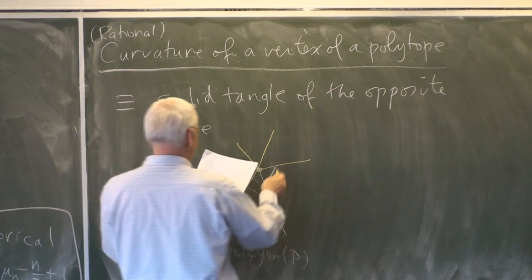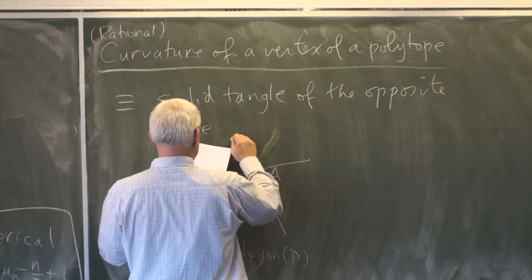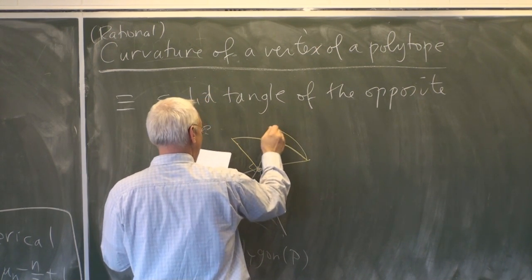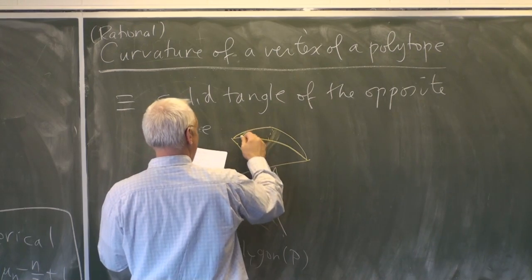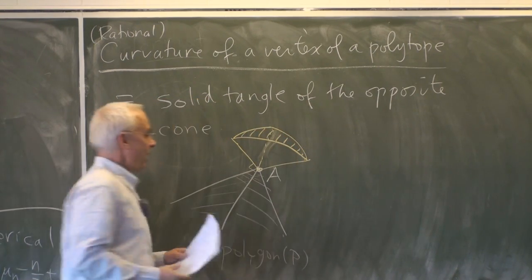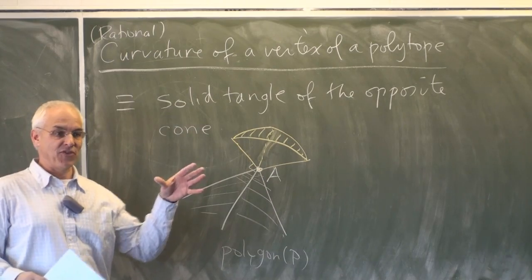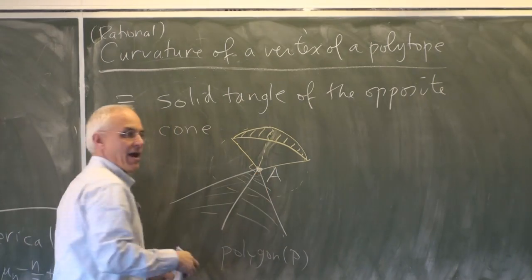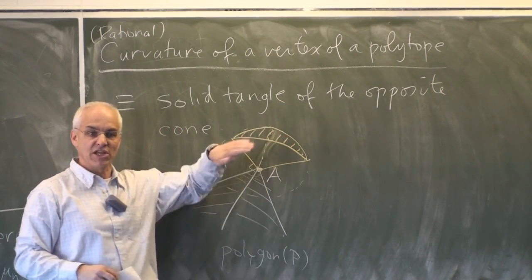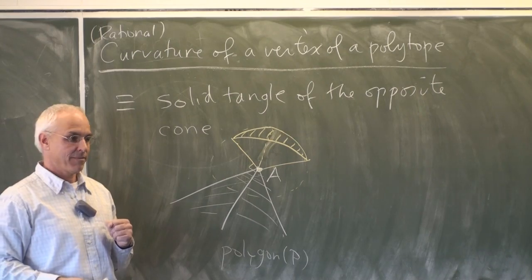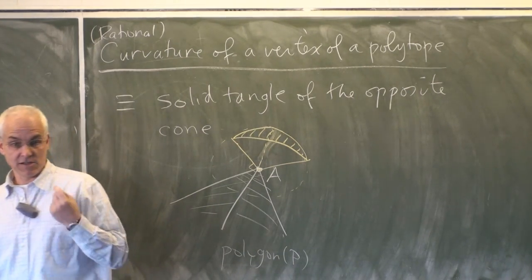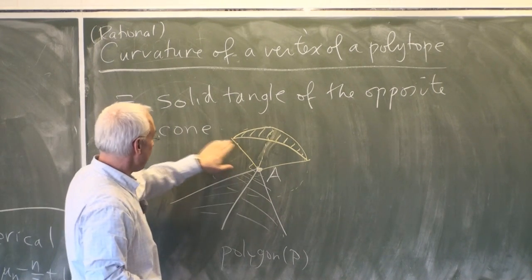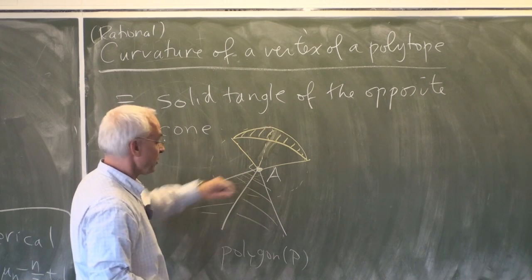So let me try to draw this by doing it this way. Sort of drawing the part of it on the sphere, centered here. I'm just drawing a sphere centered here and just showing you the part of that cone which intersects that sphere. It's exactly that part of it that represents the solid turn angle. And that's what we're going to define to be the curvature at the vertex A.